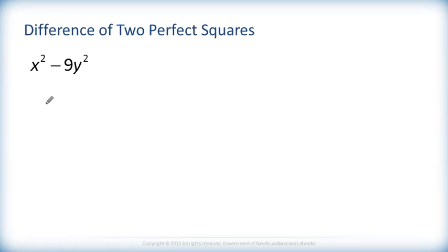For this next type, the difference of two perfect squares, you may recall you take the square root of each term. So you have an x, and then the square root of 9y squared is 3y, so we have a 3y and a 3y, but one has to be minus, one has to be plus.